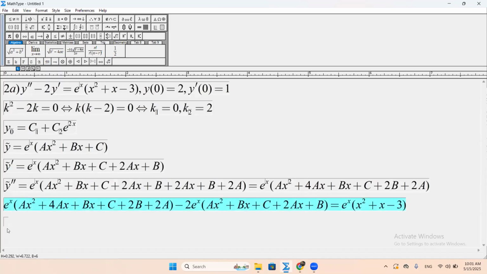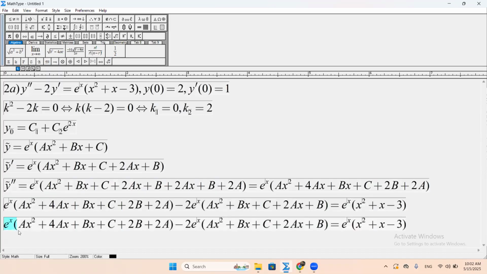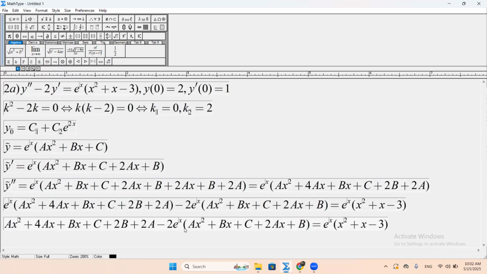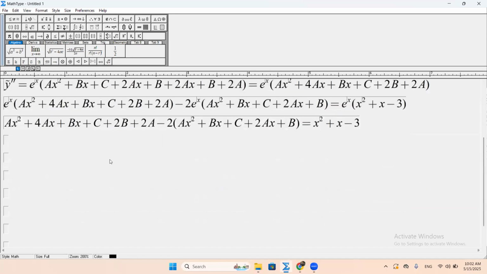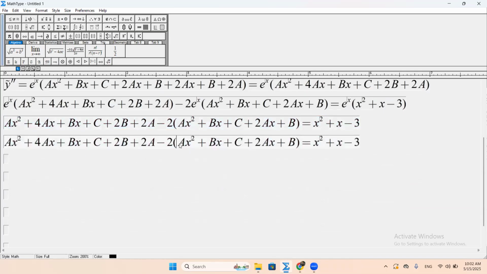Now canceling e, first of all. And expanding brackets: minus 2ax squared, minus 2bx, minus 2c, minus 4ax and minus 2b. And now continue simplifying it.